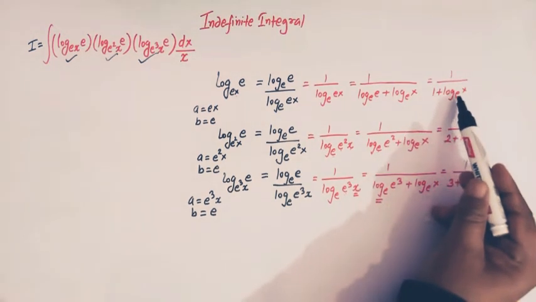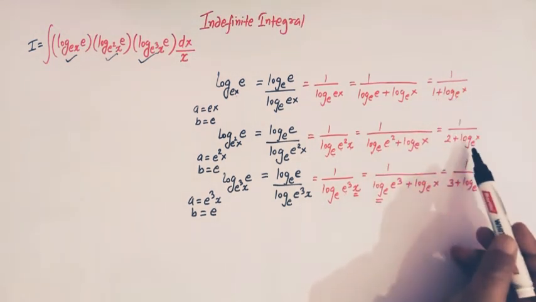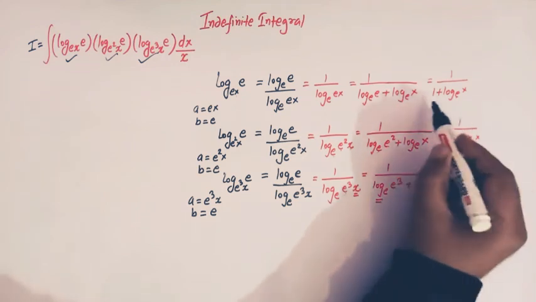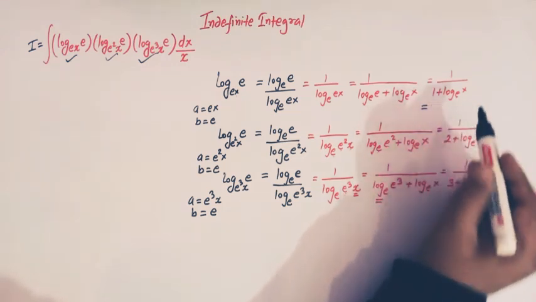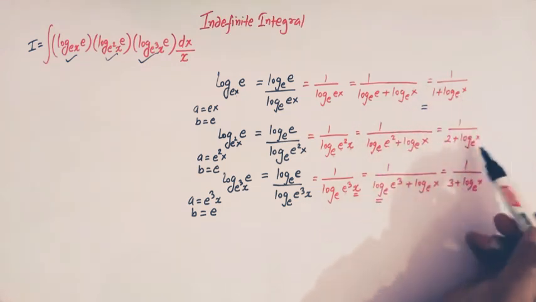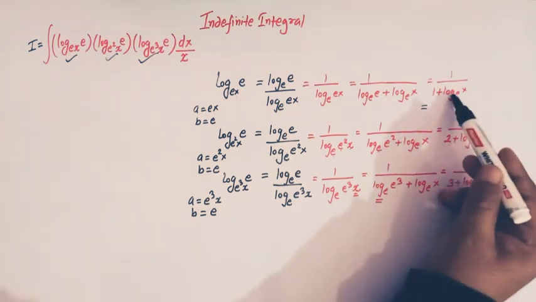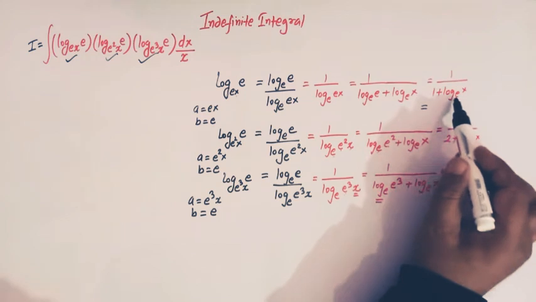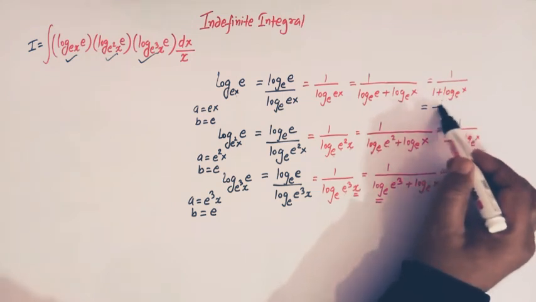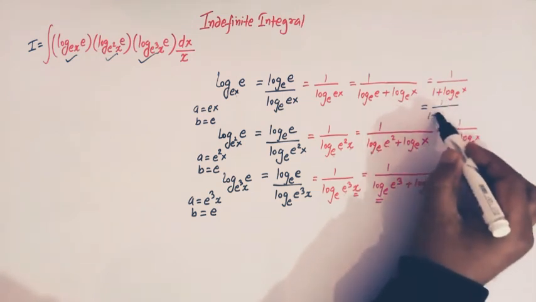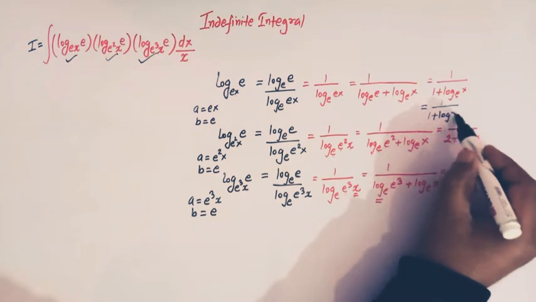So now viewers, here since we are writing the base as e, it is quite evident that the base e is involved in these three terms. So we can omit this e for simplicity. So we can write 1 plus simply log x, right?